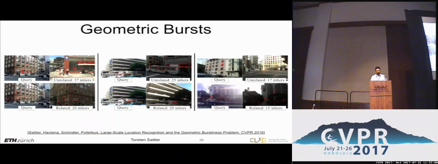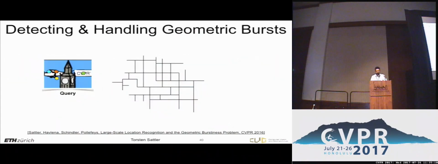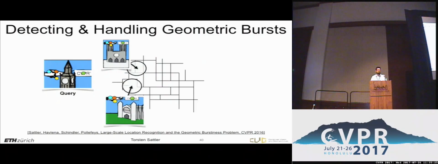But fortunately, you can handle this rather easily by detecting which points or which features lie on repeating structures. So, for example, assuming that you find a place in your 3D model where those 4 features are inliers to the pose, and assuming that you find another place in your model where those 4 features are inliers, and another one, then you see that the same set of features is geometrically consistent with multiple places in your database.